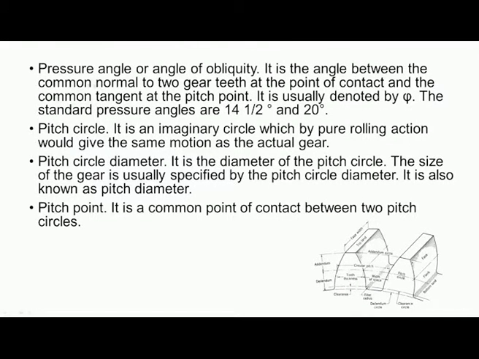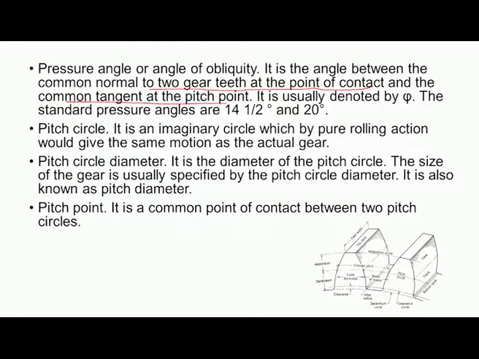Now, we will discuss the pressure angle. It is also known as angle of obliquity. It is the angle between the common normal to the two gear teeth at the point of contact and the common tangent at the pitch point.